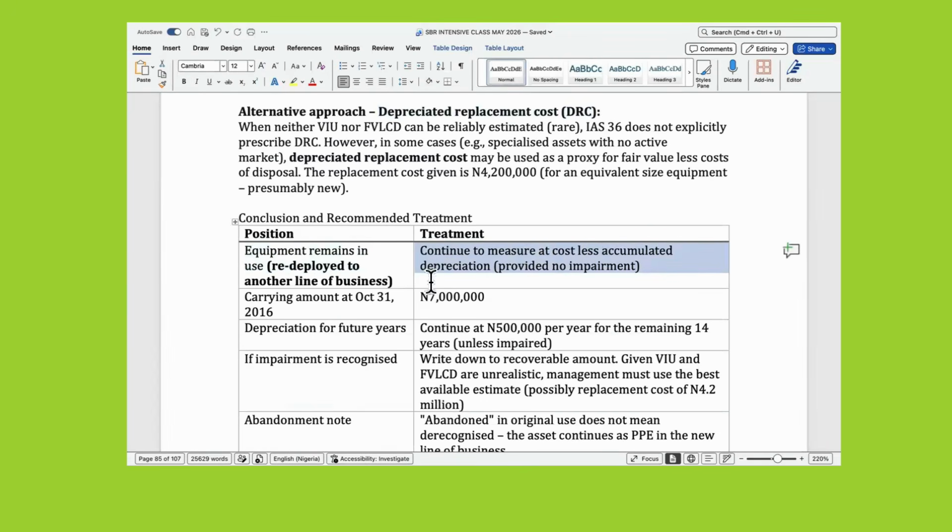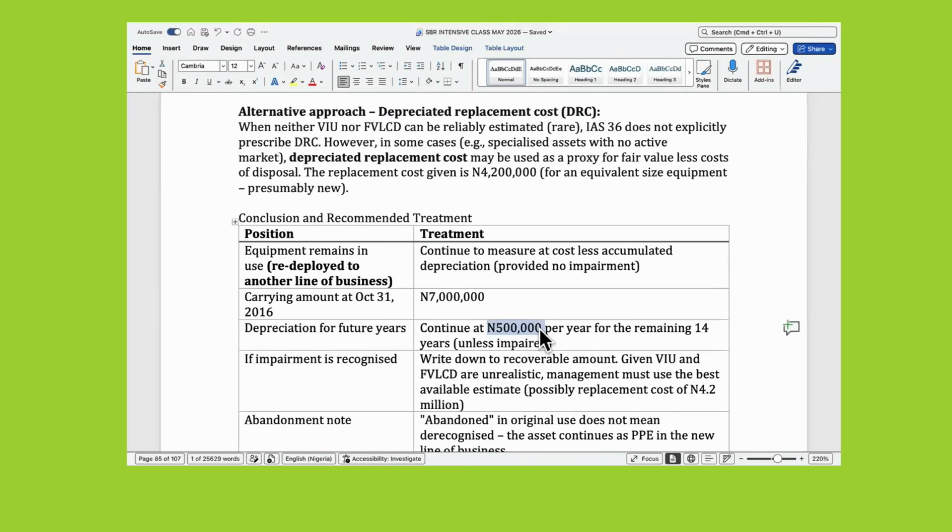And the carrying amount we got is 7 million. So depreciation would be 5 million. We'll still continue at 500,000 per annum for the remaining life of this asset.